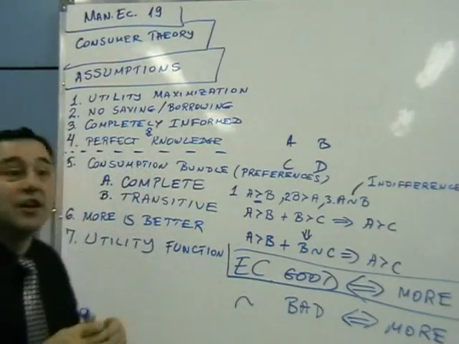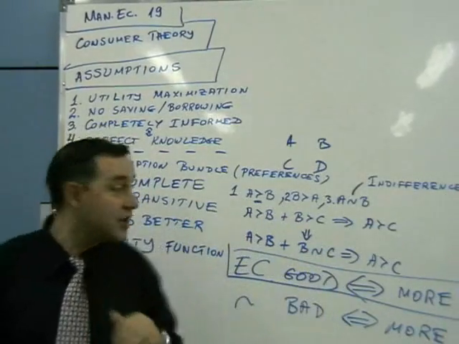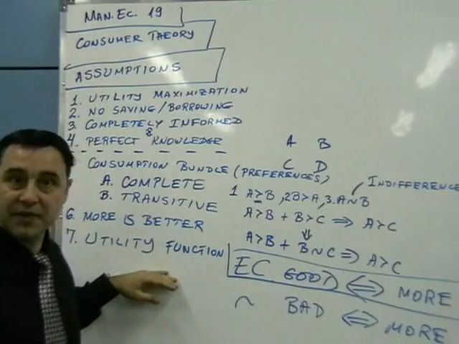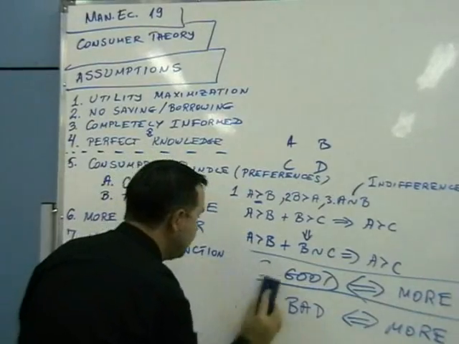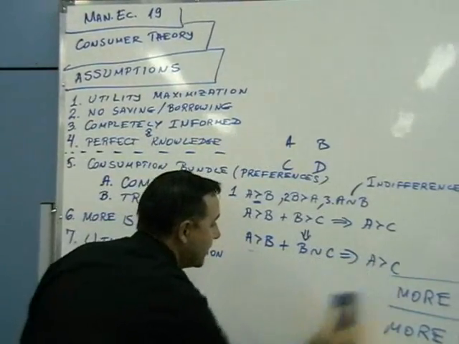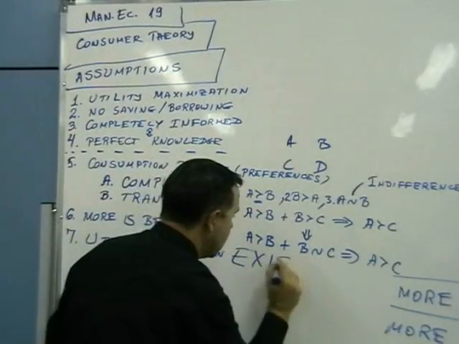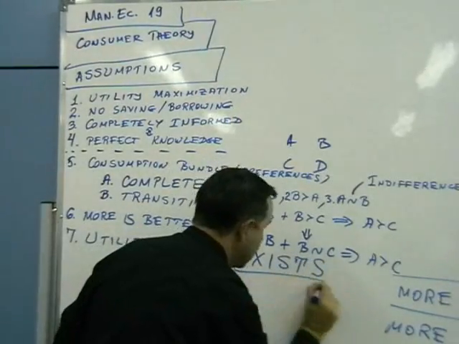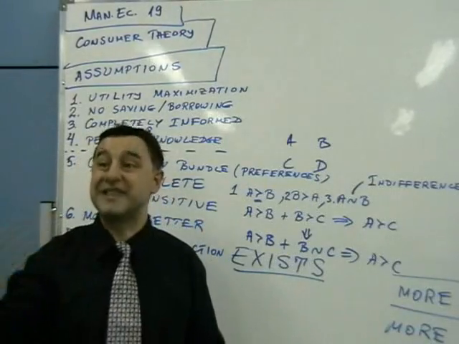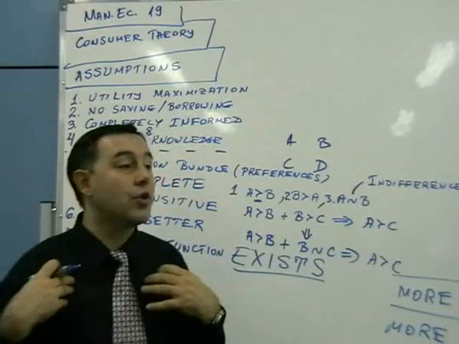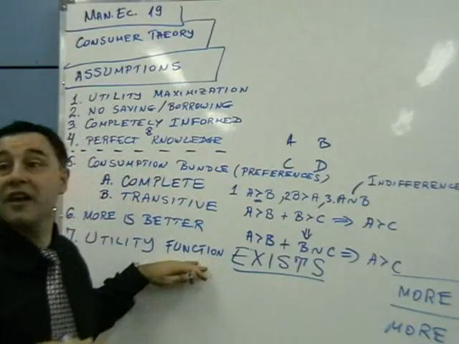In other words, utility based on 2, 3 or n goods or even one good can be represented as a function. I simply mean that a utility function exists. It is representable: the utility that people derive is representable with a function.